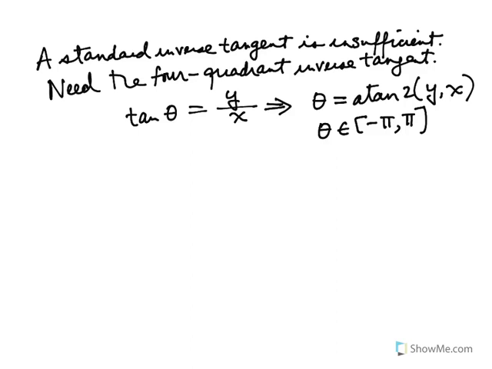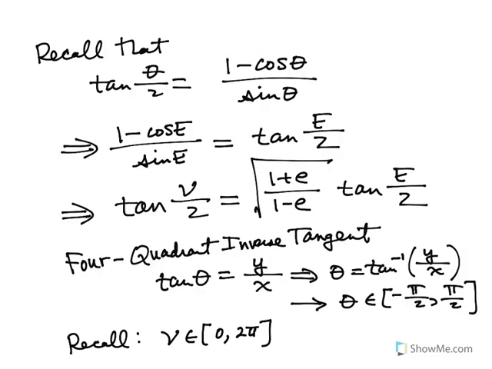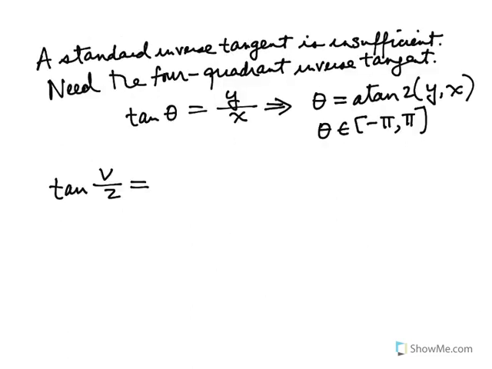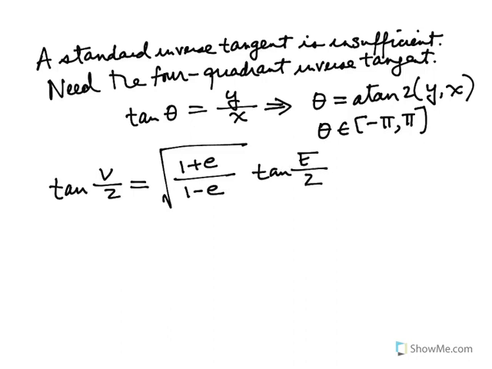Of course, the problem with this is still that we're not on the interval 0 to 2 pi, but that can be fixed afterwards. So the way we do that in this particular case is let's go back to this expression that we have for tangent of nu over 2 and its relationship to the tangent of E over 2. We've got the square root of 1 plus e all divided by 1 minus e times the tangent of E over 2.